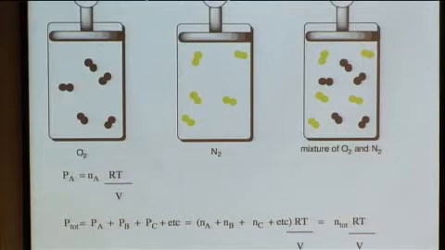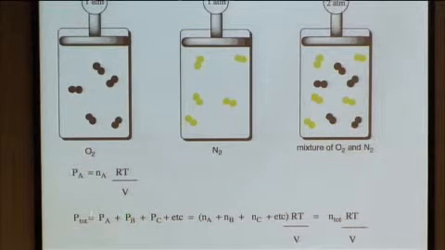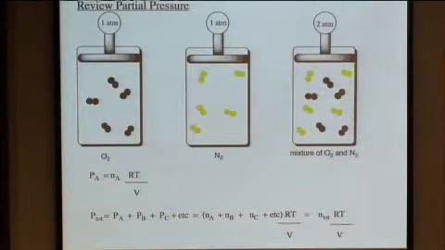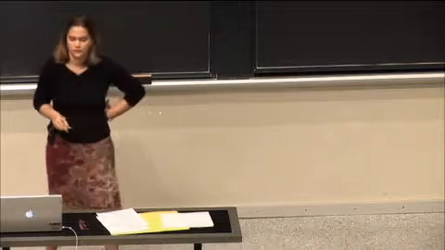The total pressure on the system, which is what this 2 atmospheres is, is equal to the partial pressure of gas A, which would be the partial pressure of the oxygen at 1 atmosphere, plus the partial pressure of the nitrogen at 1 atmosphere. That's all we have here. So the partial pressure of those 2, 1 plus 1, we have 2 for total. And that's equal to the total number of moles.